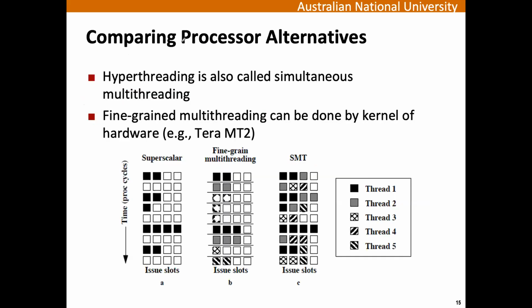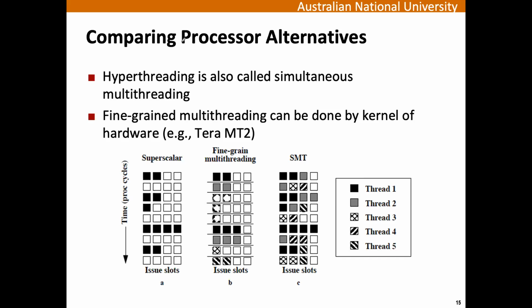So hyper-threading is trying to do what the superscalar processor and the fine-grained multi-threading are trying to do at the same time.